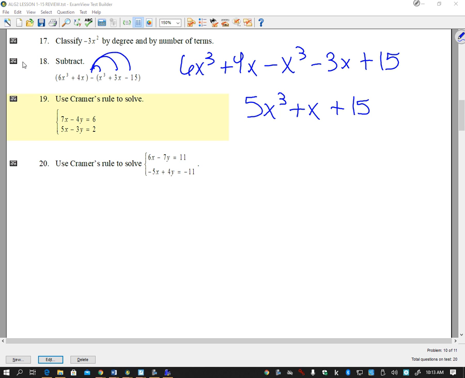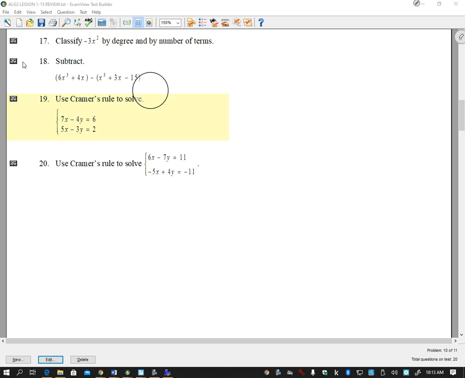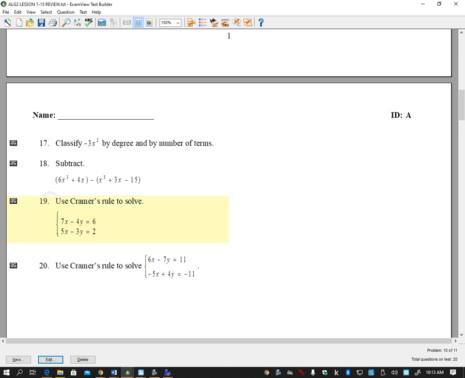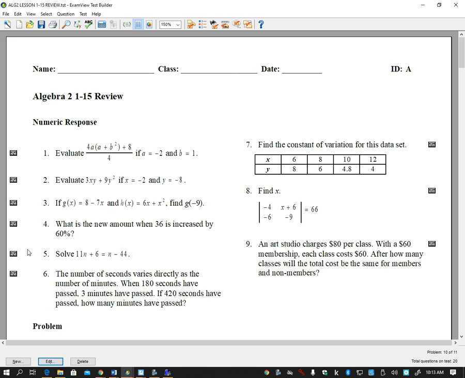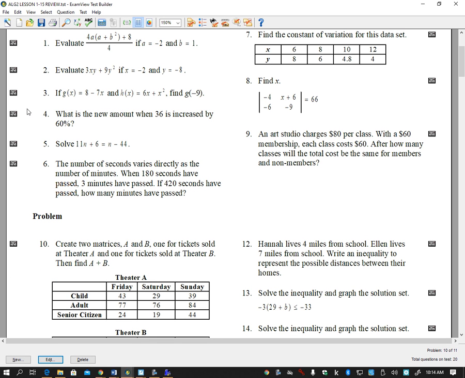Places where you don't know how you messed it up. On 4. 4, what is the new amount when 36 is increased by 60%?